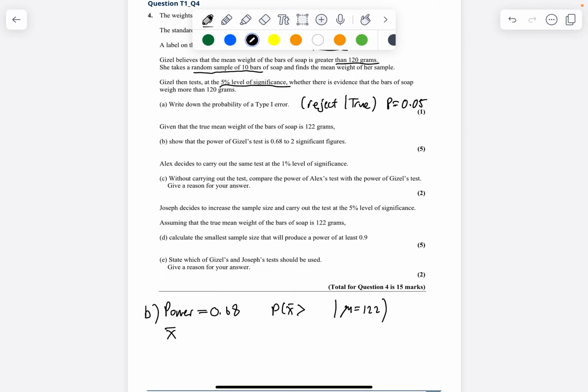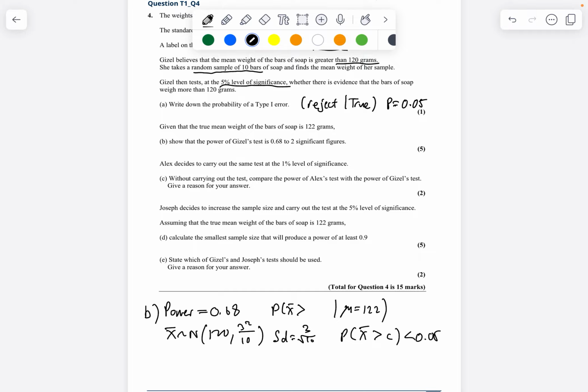So my sample mean is normally distributed with a mean of 120, and my variance is 3 squared over 10. So remember, the standard deviation is 3 over root 10. We'll put that in the calculator. I want the probability of my sample mean being greater than something, and I want that to be 0.05.